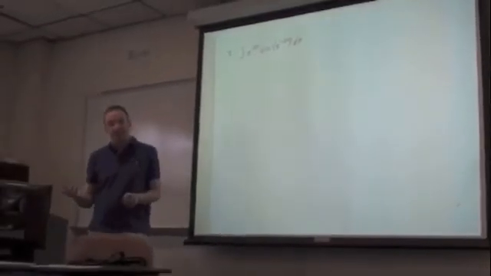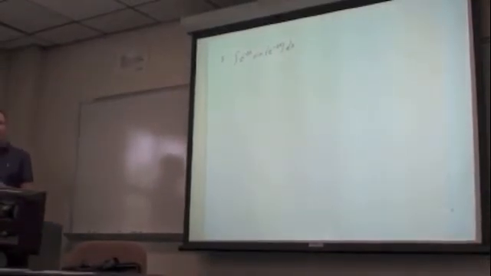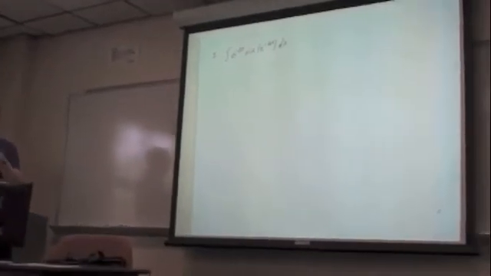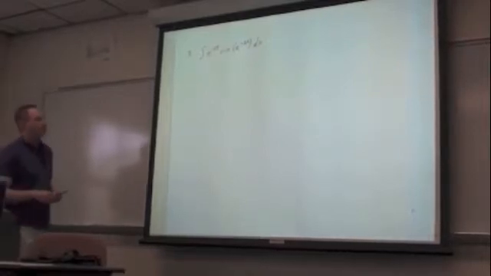Now, this one actually could be a parts problem because parts works nicely when you have an exponential and a trigonometric function in there together. But the problem with that is they cycle around. You'd have to take integration by parts twice to get that expression back in there, move it to the other side, and solve for it algebraically. It'd be ugly. Not hard, just ugly.